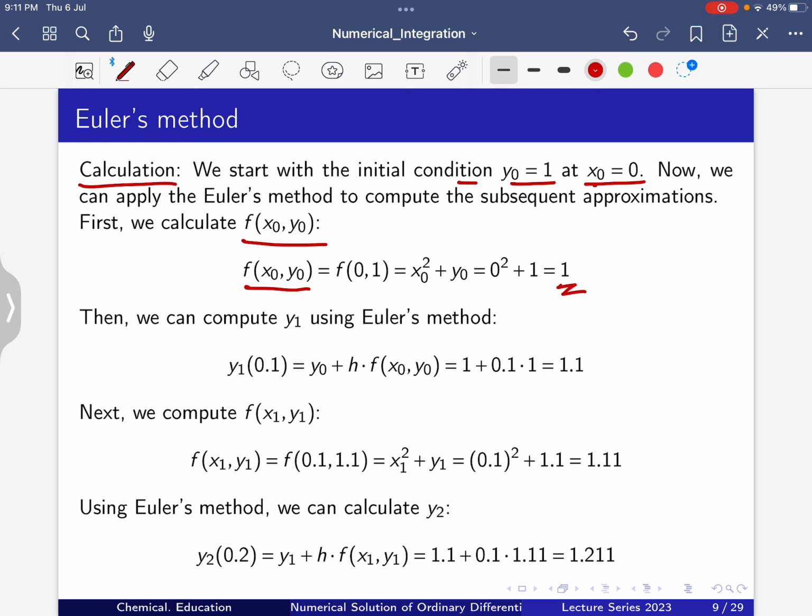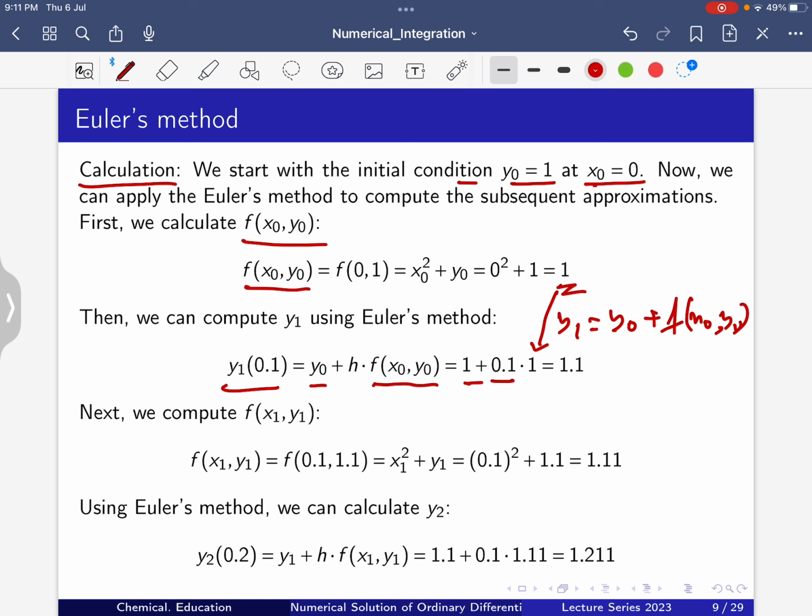Now by Euler method, y1 = y0 + h f(x0, y0), at x = 0.1. We plug in the values: f(x0, y0) is 1, h is 0.1 and y0 is 1.